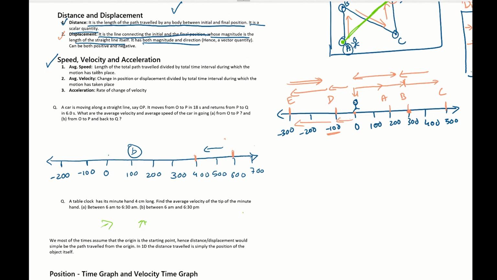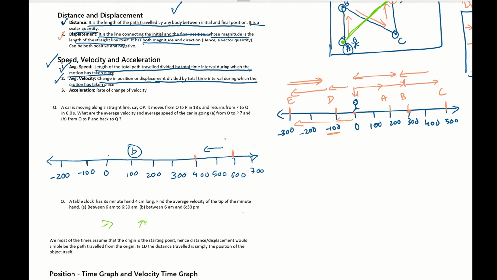Let us look at the definitions. Average speed is the length of the total path traveled divided by the total time interval during which the motion has taken place. Average velocity is the change in position, or displacement, divided by the total time interval during which the motion has taken place.